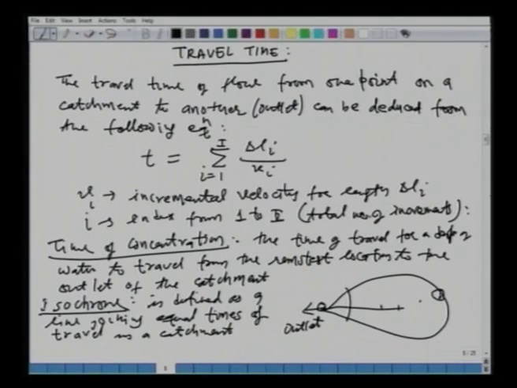So, this is an isochrone corresponding to 1 hour, or some interval delta t. Similarly, we can draw another one further upstream in the catchment, and that will be 2 hours, 3 hours, 4 hours and so on, and the final one will be your time of concentration. All these lines are called isochrones.